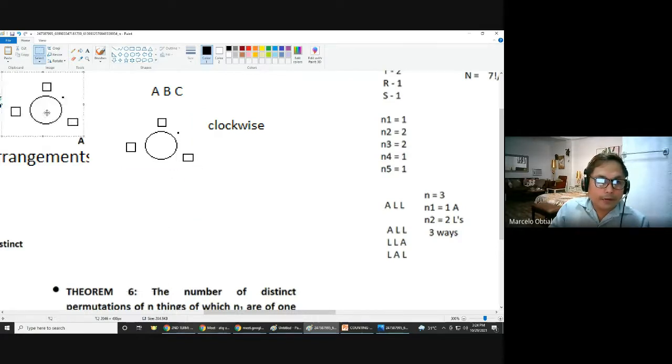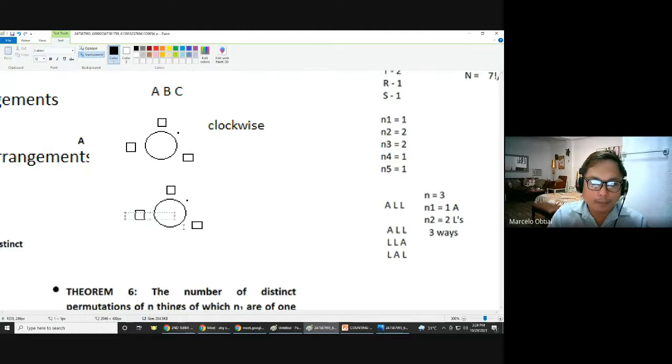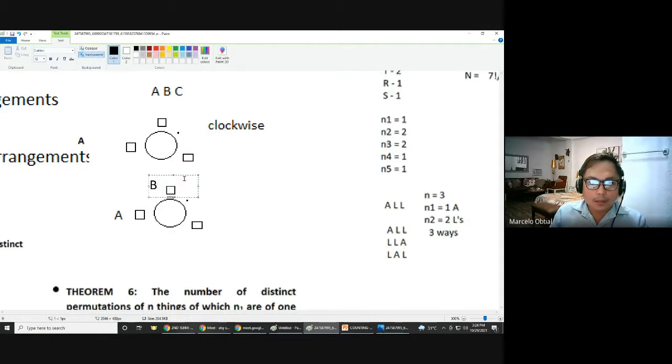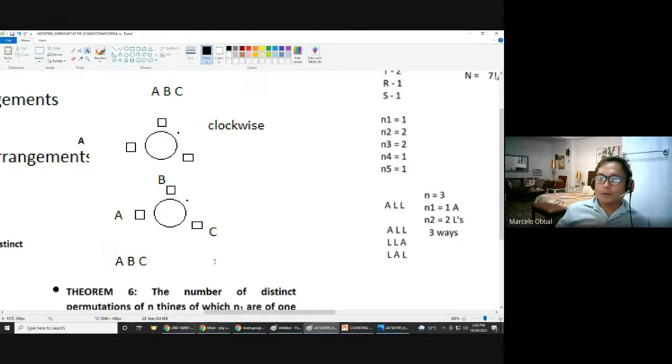So, the first arrangement na pwedeng gawin ko dito is to assign, okay, barkada ko na si A dito, then B, then C. Okay? Lagay ko siya dyan. So, in short, ABC. Okay? Ano pa kaya, Shelo?